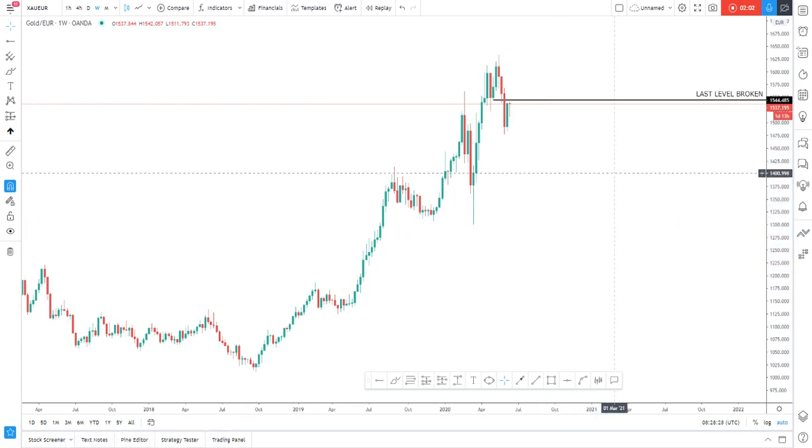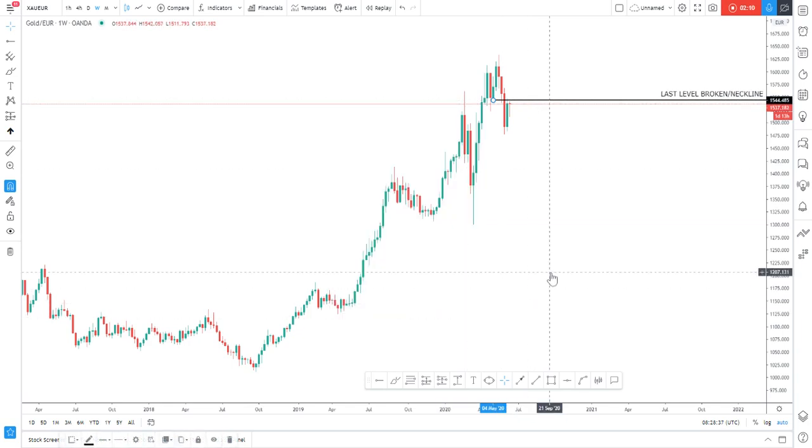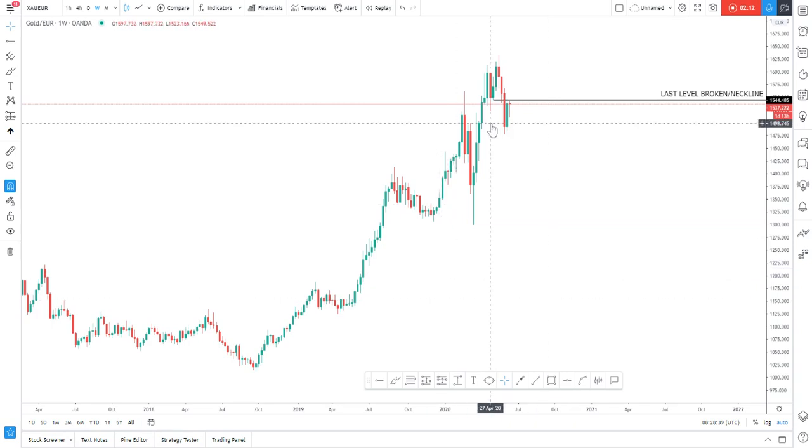Now I can take this off and tag this as the neckline. So with this M pattern seen on the weekly time frame, my sentiment on XAUEUR is to go short.